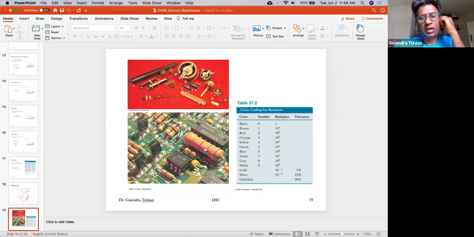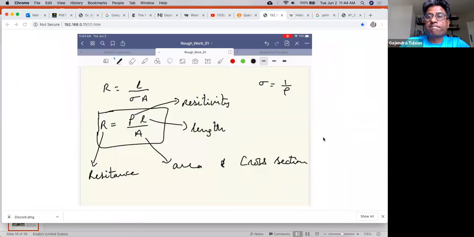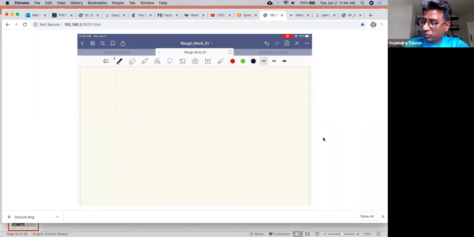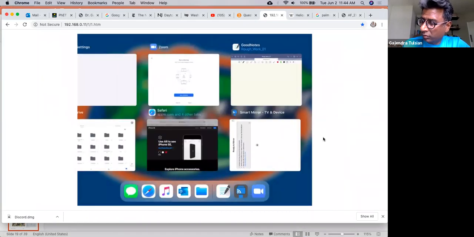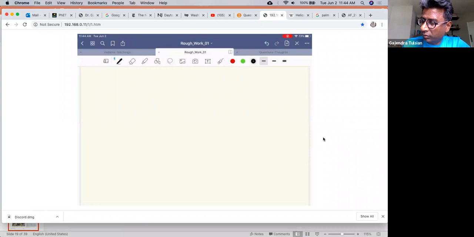All right, so now we'll learn how to read these resistors. The bands are brown, green, brown.